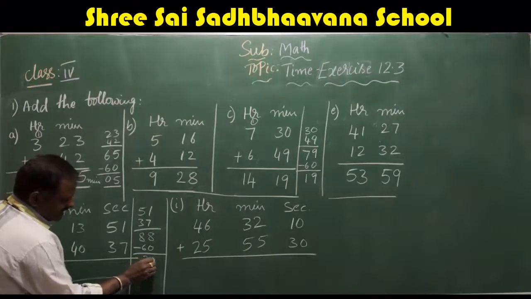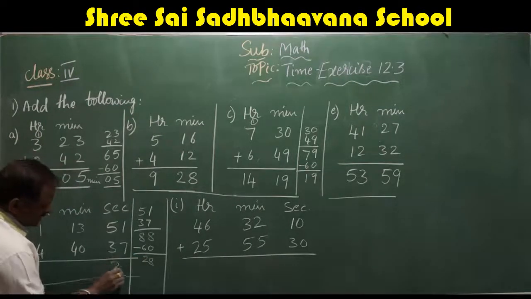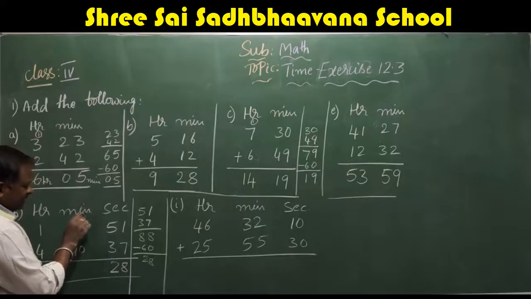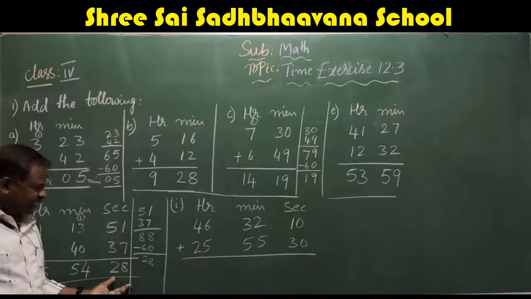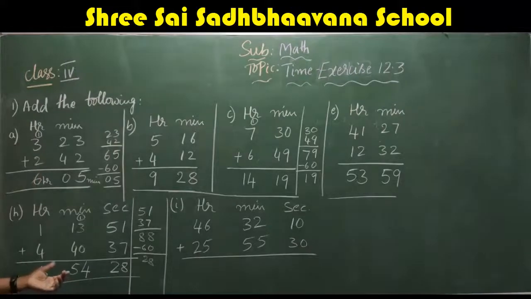You get 28. You write 28 here and take 1 carry here. 1 minute, not 10 minutes, 1 minute. 1 plus 3, 4, 4 plus 1, 5. This is less than 60, so you write it as it is. 5 hours, 54 minutes, 28 seconds.